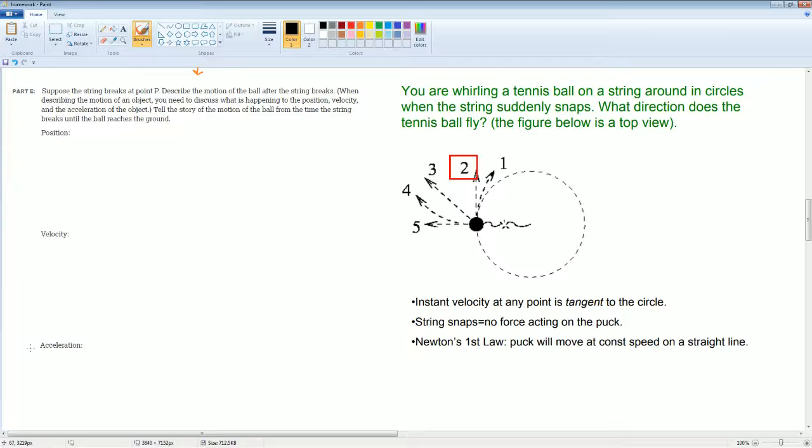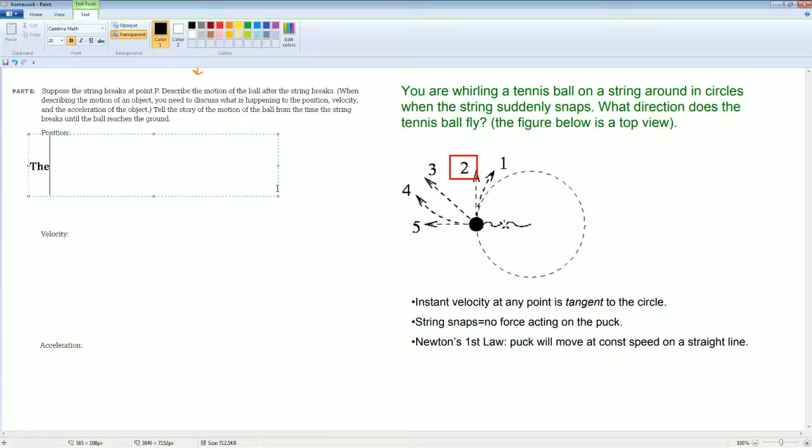Okay, so here it is a ball and the string breaks. So what is the position? Okay, the ball will travel straight up. Describe the motion of the ball from the time the string breaks until it reaches the ground, right?